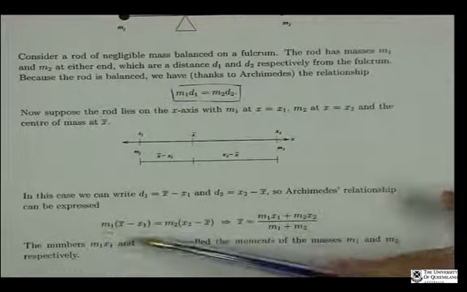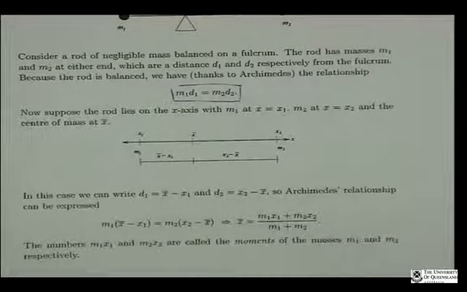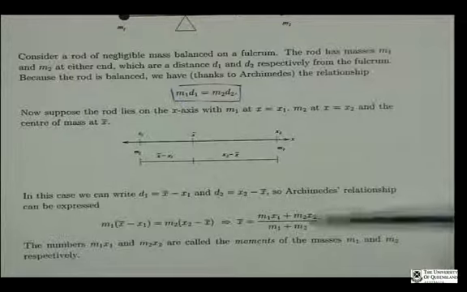We've got M1 times that distance equals M2 times that distance. Using some simple algebra, I can rearrange this to isolate the coordinate of the fulcrum, x bar. So I've got an equation where I can write the location of the fulcrum, x bar, in terms of M1, M2, and the coordinates of those two masses.